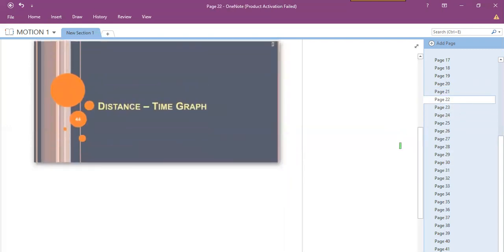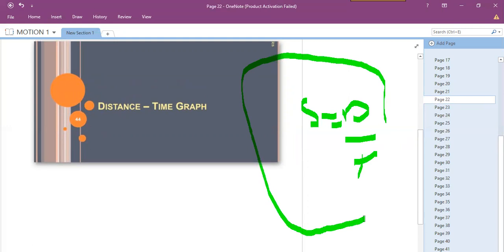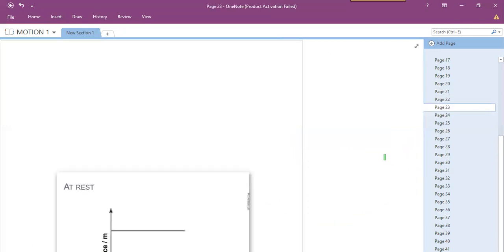So let's start our discussion with a distance time graph, which just shows a change in speed. Speed is equal to distance over time. This is the graph that we're talking about. There's no velocity, there is no acceleration.